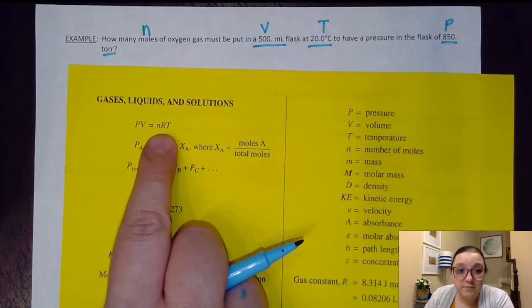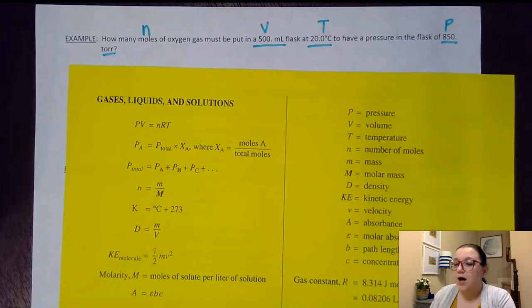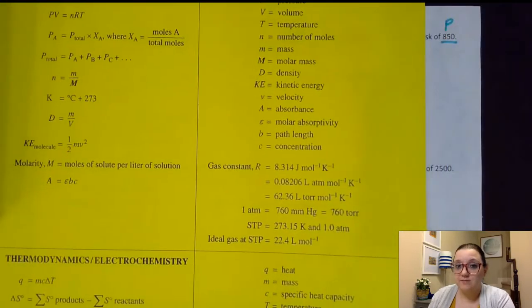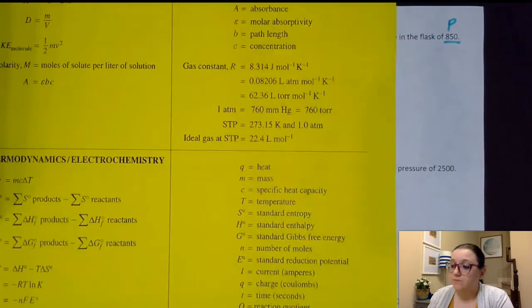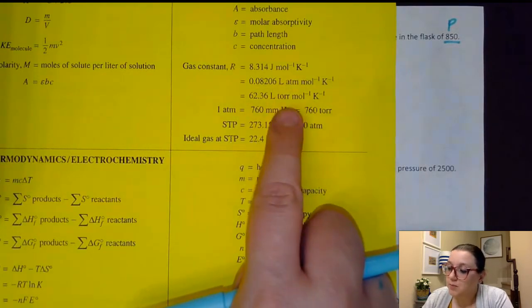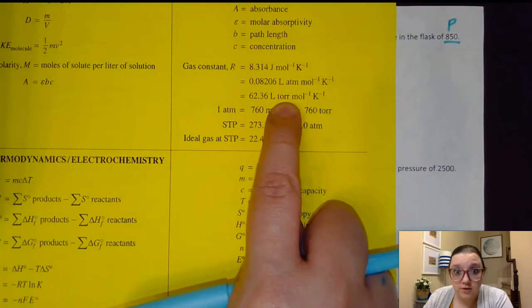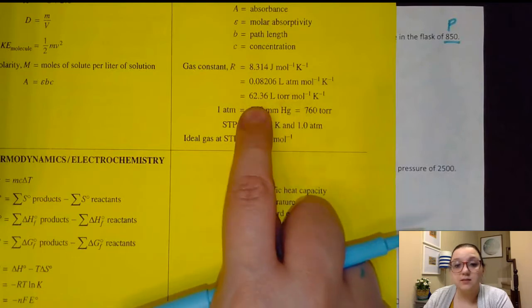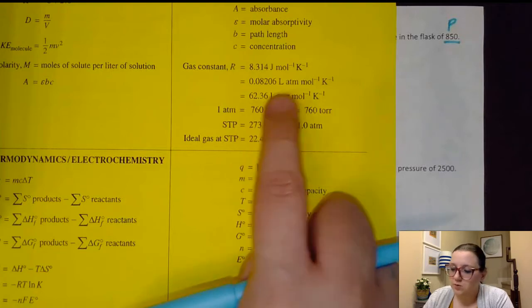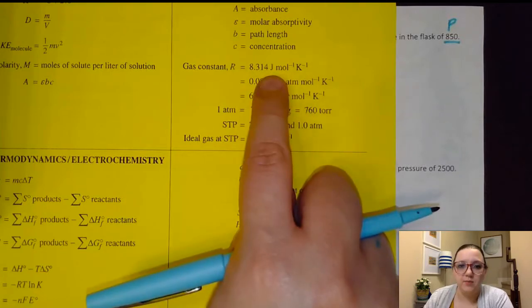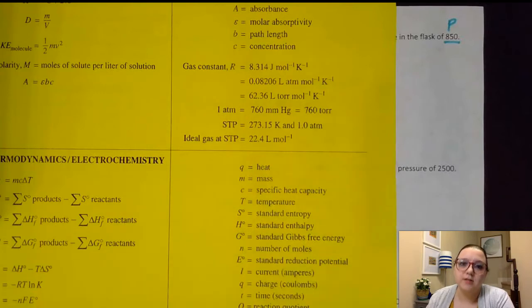The one variable I do not have yet is R, so I need to select a value for R based off of my pressure unit. Since my pressure unit was in torr, I'm probably going to want to use this 62.36 in order to get all of my units to cancel out. I wouldn't want to use the one with atm or the one with kilopascals because those wouldn't match up with the pressure and allow the units to cancel.